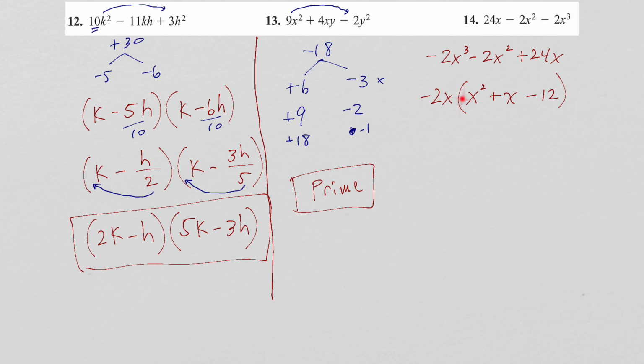Now there's no leading coefficient, so I don't need to slide, divide, slide. I'm just looking for factors of negative 12 that give me a difference of 1. It's negative, so 1 is positive and 1 is negative. The bigger one has to be positive, so 4 and 3. So my final answer is negative 2x, x plus 4, x minus 3.